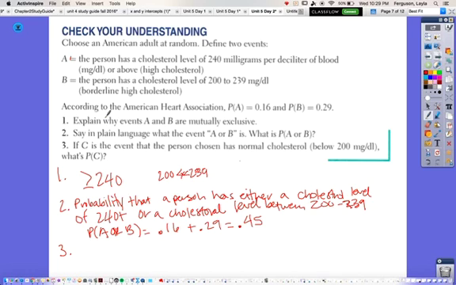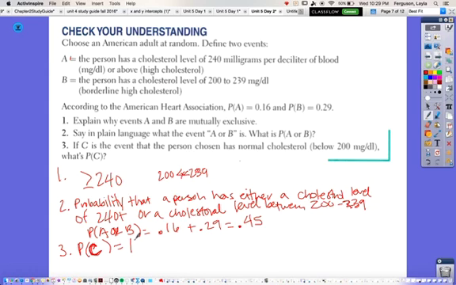3 says if C is the event that the person chosen has a normal cholesterol, so that's below 200 milligrams per deciliter, what's the probability of C? Alright, so to find the probability of C, you would basically say that altogether you know that it's going to have a probability of 1, A, B, or C, because you either have high cholesterol, borderline high, or you are normal.